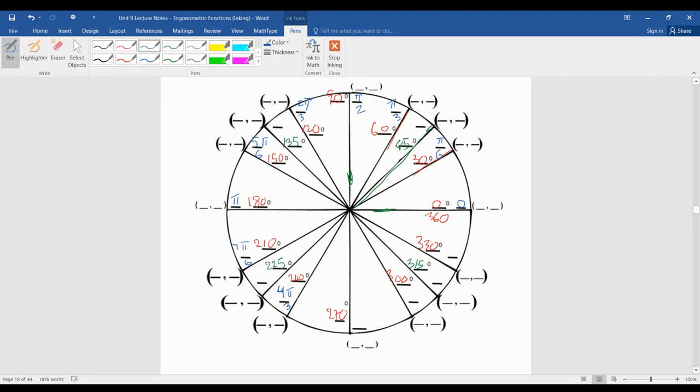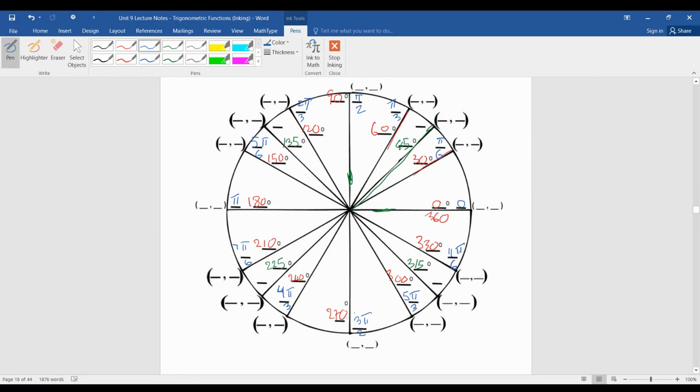Yes, 7, 8 pi over 6. 9 pi over 6 is 3 pi over 2. And then 10 pi over 6 is 5 pi over 3. 11 pi over 6 stays as is.